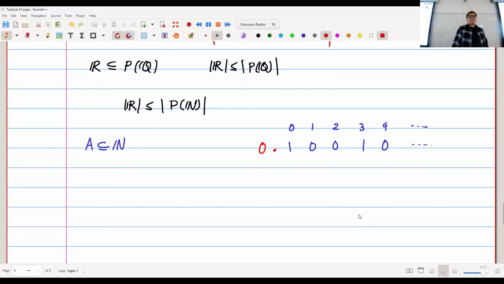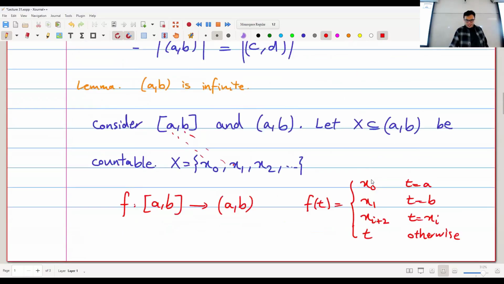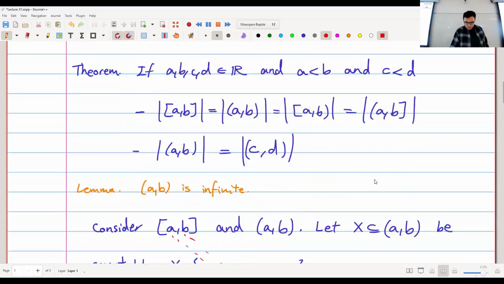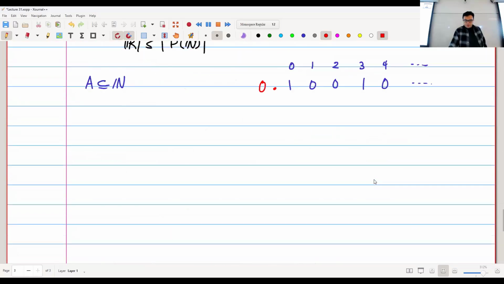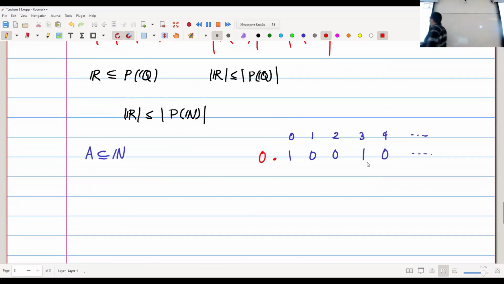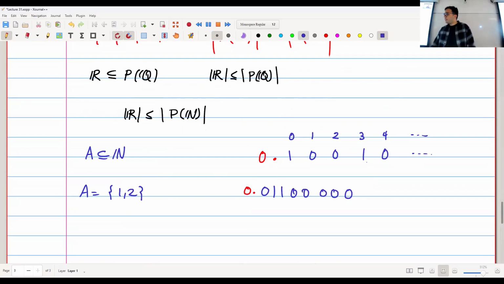We have to be careful about one thing again. And this is this nasty thing that we had here. Oh, I actually erased it. So basically, these sequences have to be infinite, right? Whereas if I have a finite subset, then this sequence becomes finite. So for example, if my subset A is just 1 and 2, how am I encoding it? I'm doing 0 point, and then I say 0 is not there, 1 is there, 2 is there, and all of the other ones are not there.